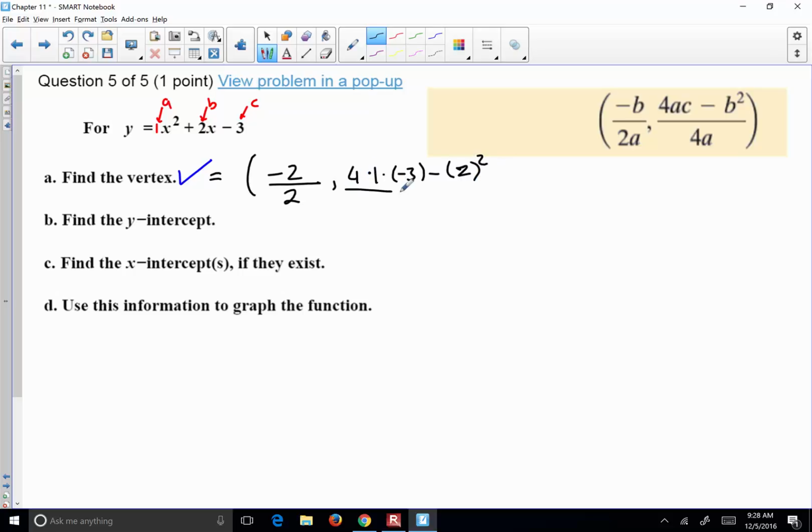Squared over 4a, which is 2 over 2, is negative 1. This thing is minus 12, all 3. This thing is minus 4. This thing is 4. Negative 1. Negative 12. Negative 16 over 4. That's negative 4.